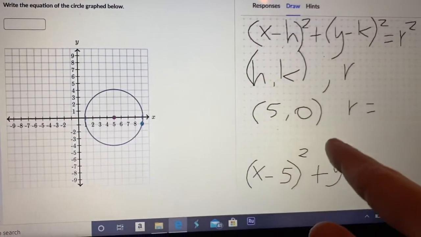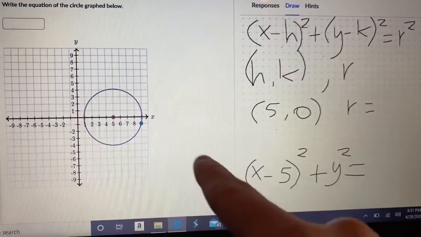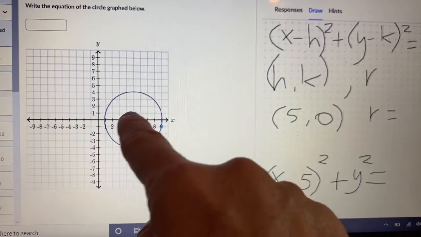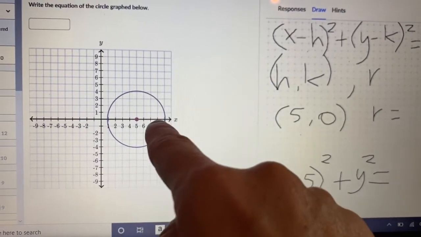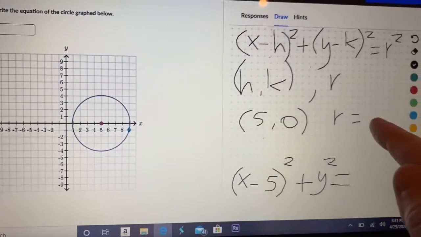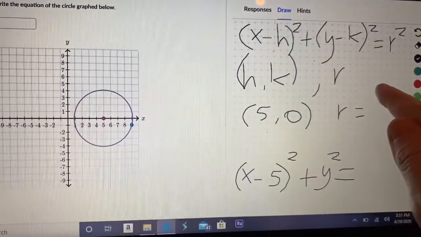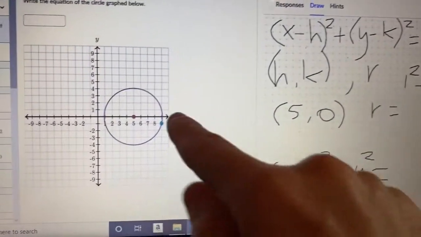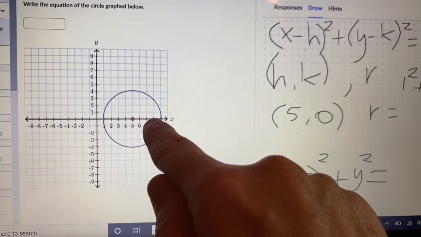Now how do I get the radius? Well, distance formula. And since you have a picture here, it's really easy to figure in that you can just make this a right triangle. It won't let me draw on this, but realize from here to here, it goes up 1. So the radius would be 1 squared plus, how far over did we go? 1, 2, 3, 4.